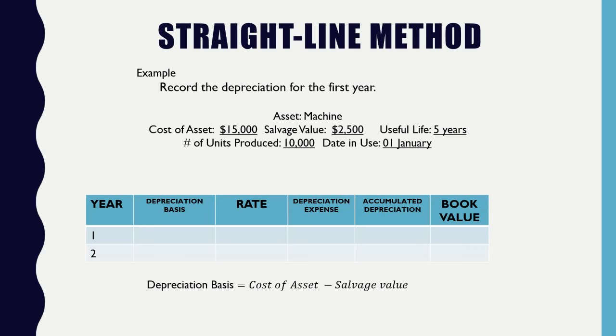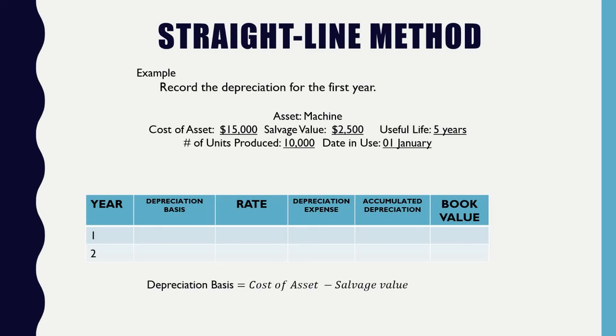So let's go ahead and dive right into the example here. The question here is to record the depreciation for the first year. Now let's go ahead and solve this table. So if I bought a machine for $15,000, its salvage value is $2,500. Its estimated useful life is 5 years.